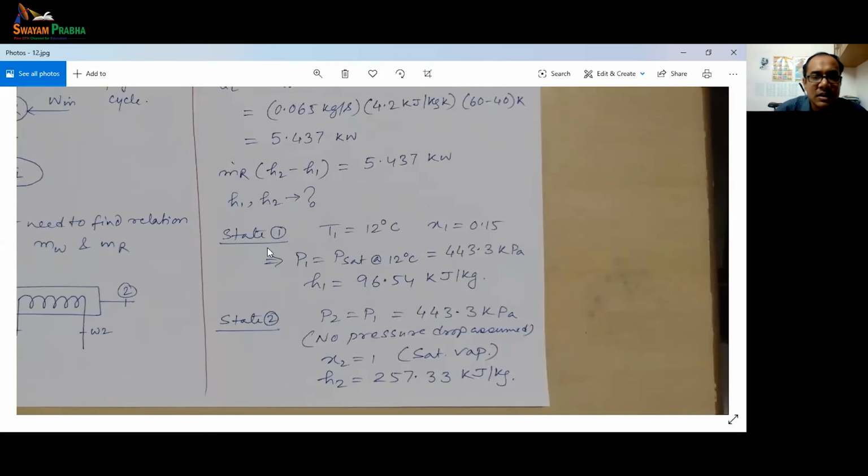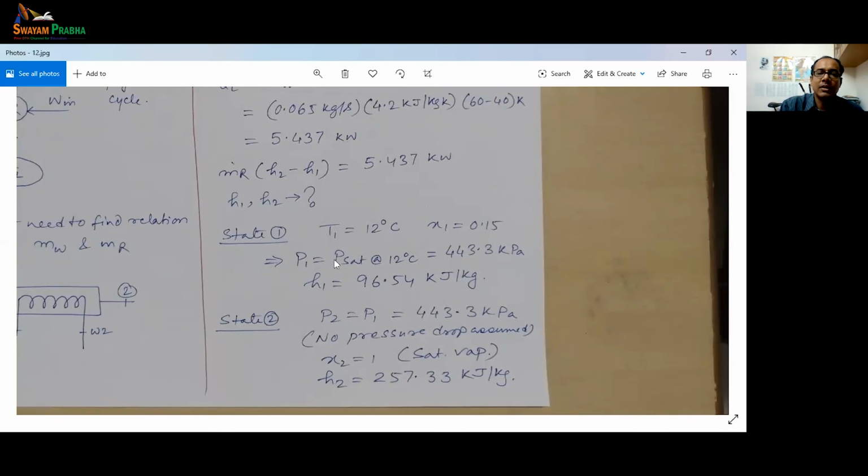So state 1 is given that T1 is 12 degrees centigrade and the quality is 0.15 or 15%. Okay, so we can find out what is the pressure at state 1, that's the saturated pressure at 12 degrees centigrade, that's 443.3 kilopascal.